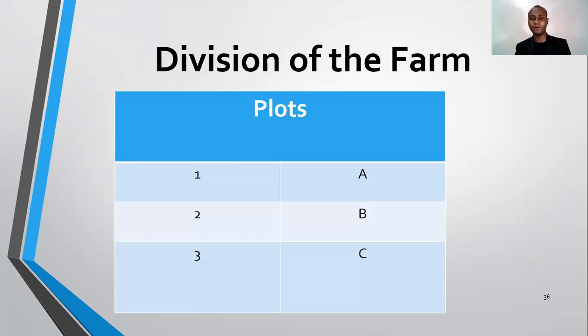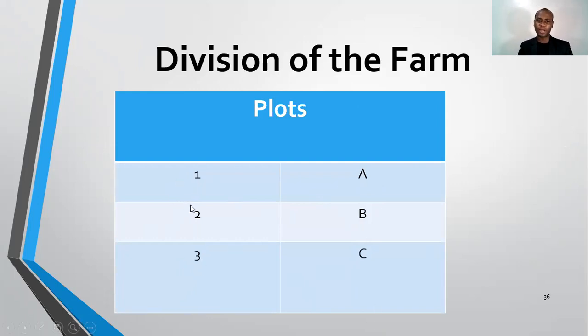So like this is the whole farm. Let's say this farm is 1 hectare. You are going to divide the plot into 6 different parts: 1, 2, 3, 4, 5, 6. This side you call plot ABC, and then plot 1, 2, 3.